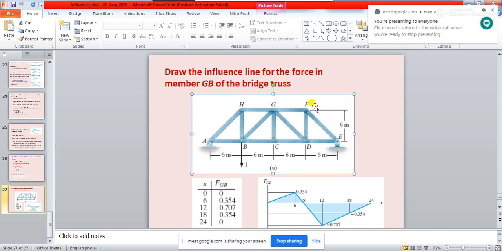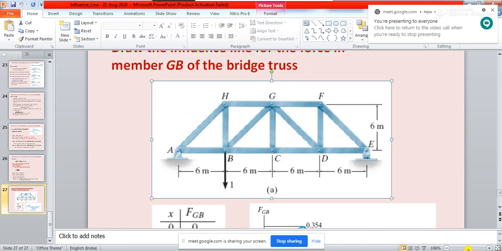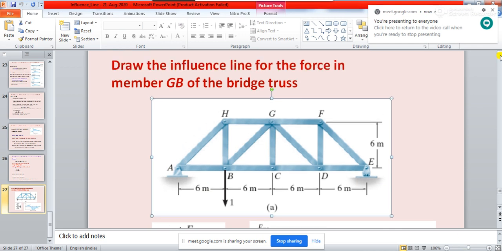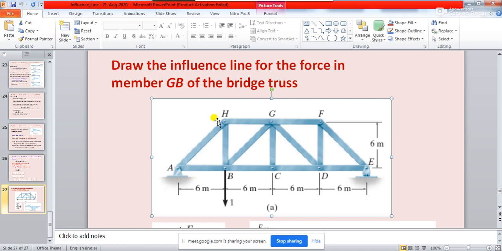Okay, so let's say we have a truss something like this. Everyone can see the screen? Yes, sir. So draw the influence line for the force in member GB. This is a truss. There are many members: AH, HB, AB, and this is the GB member, one inclined member GB.